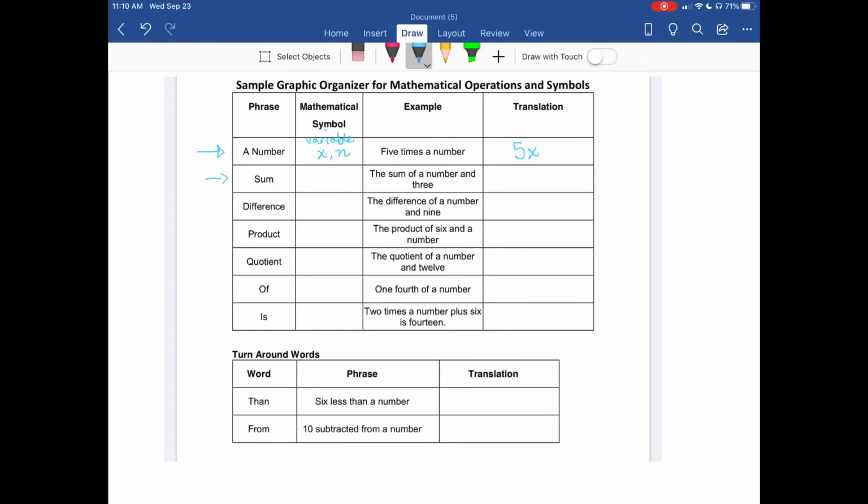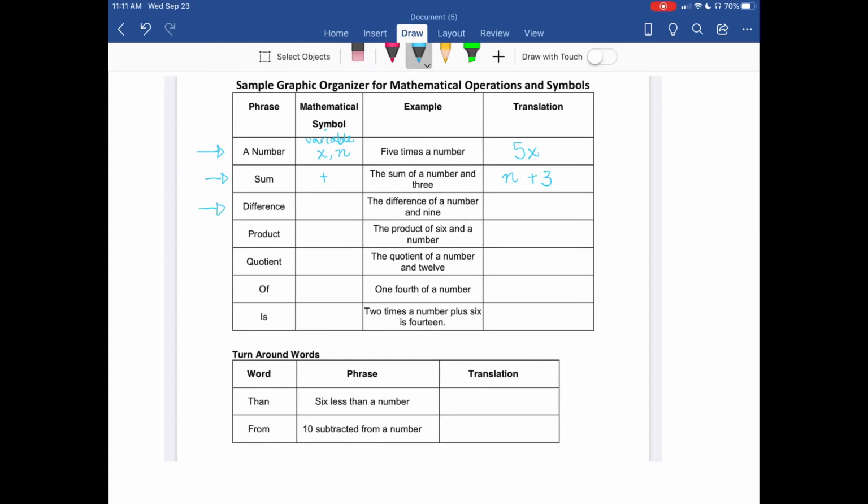So next one is sum, and we know that symbol is plus, we're adding. So if I look at this example, the sum of a number and 3, I know I'm adding, and I don't know that number, so I'm going to put a variable in its place as a placeholder. This is telling me the sum of a number and 3, n plus 3.